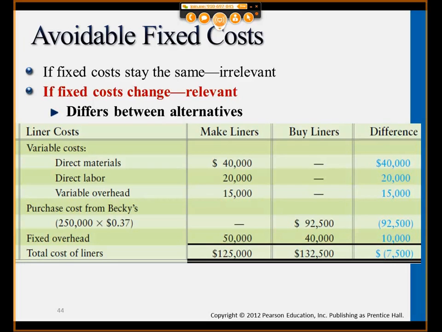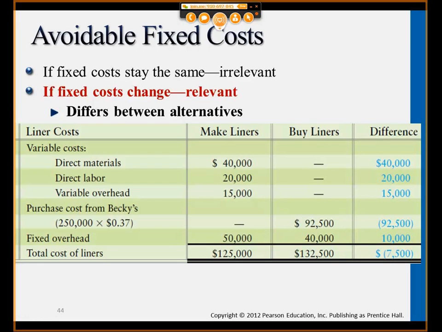Companies' fixed costs are irrelevant. So we're going to continue to have this $50,000 on our books either way, doesn't matter. What else do we have? The variable cost of the liners. What does it mean by liners?